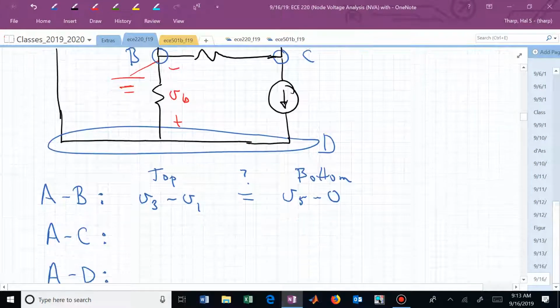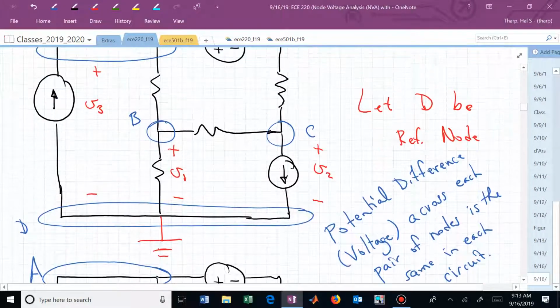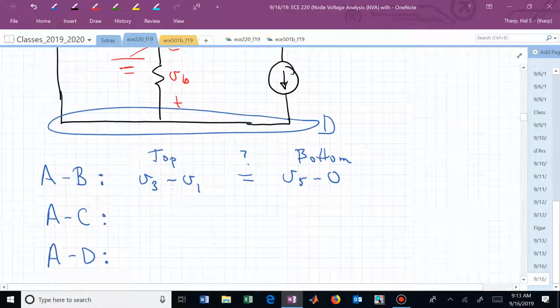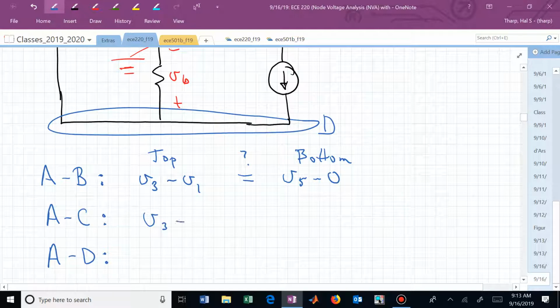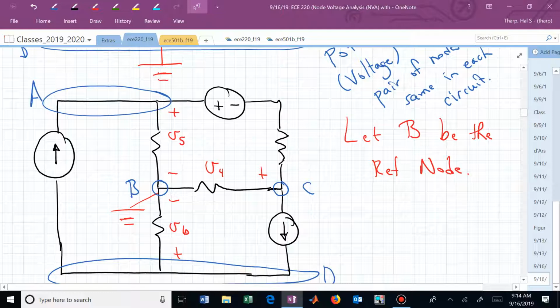What about if we wanted the drop from A to C in top and bottom circuits? A to C. What's that? V3 minus V2. What is it here? From A to C. V sub 5 minus V sub 4.